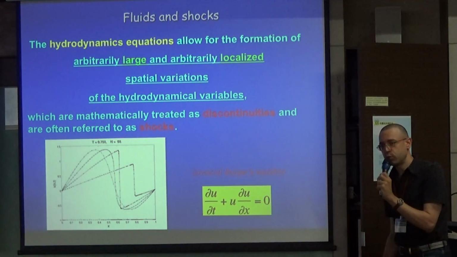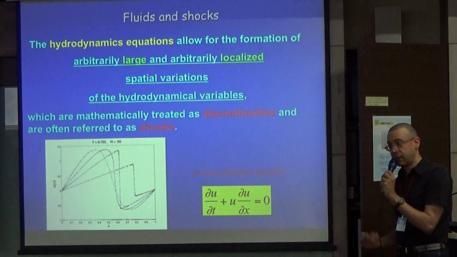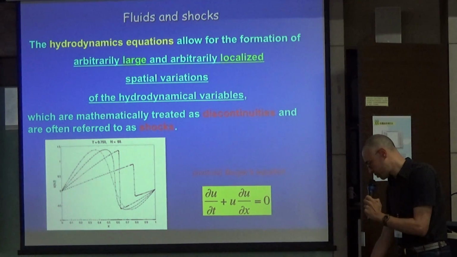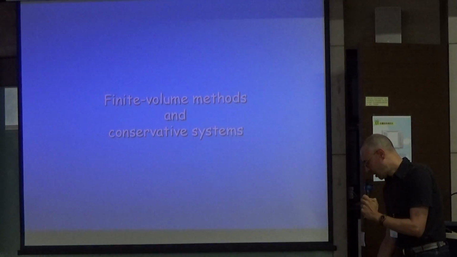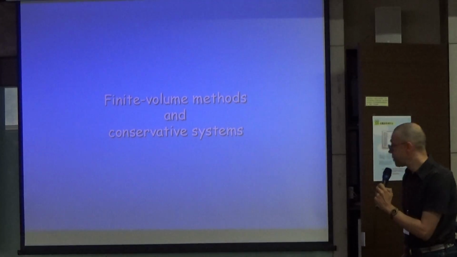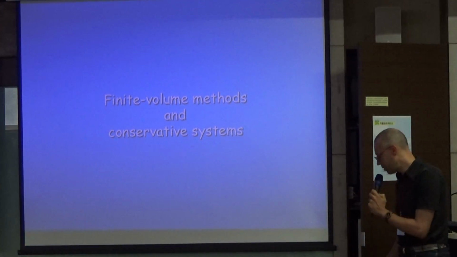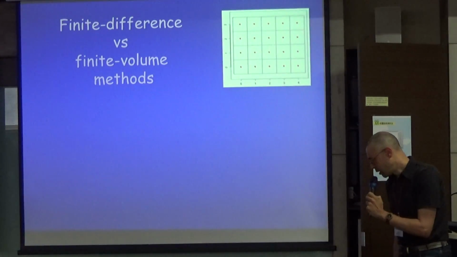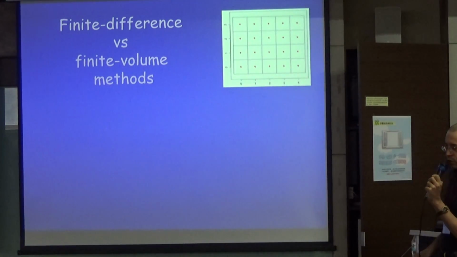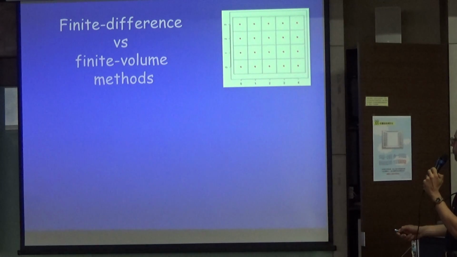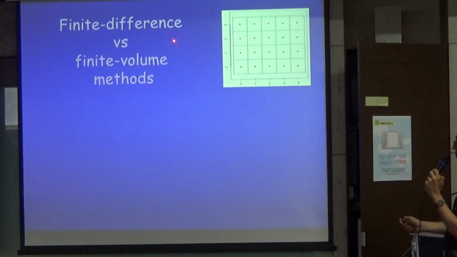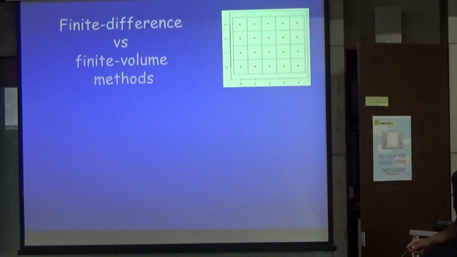The hydrodynamic equations do allow for shocks. So we have to use methods that can describe shocks, that can predict shocks. And these methods I will describe now. Let me also introduce to you a little about the difference between finite difference methods and finite volume methods.